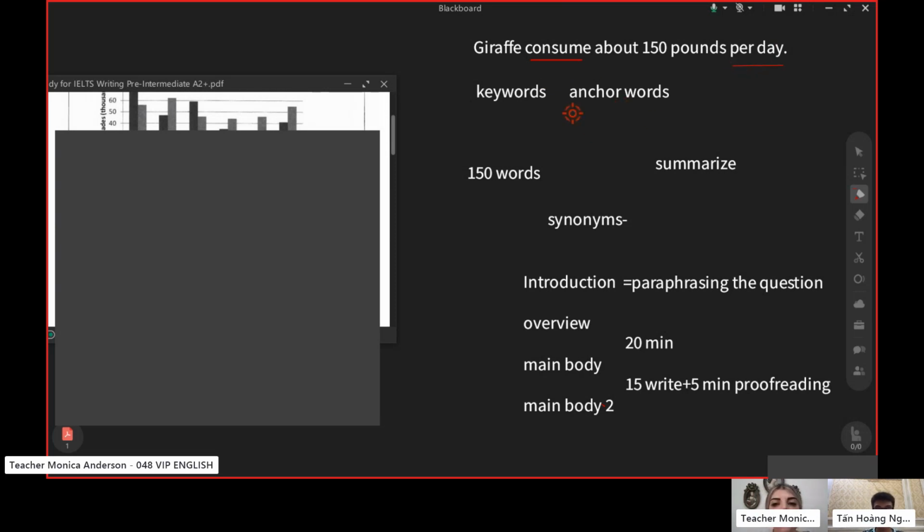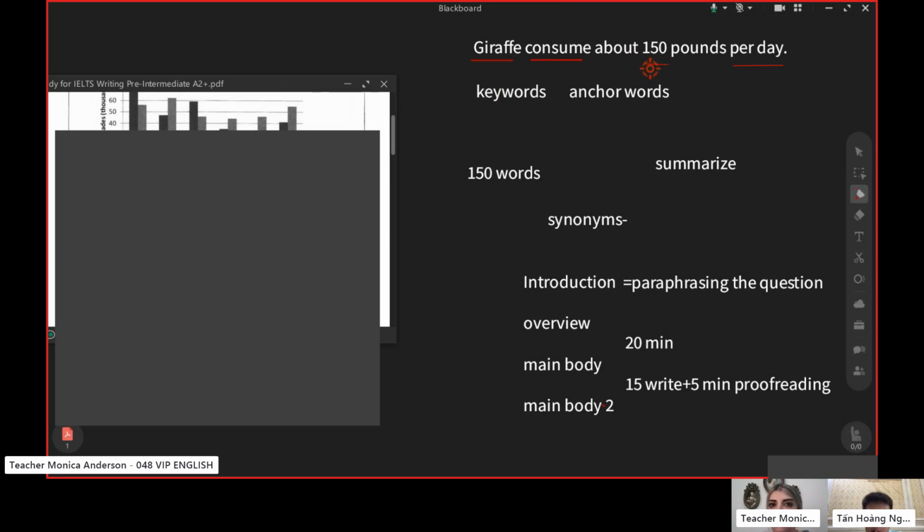And an anchor word is a kind of keyword that is not changeable, like proper nouns, names, giraffe. Is there any synonym for giraffe? No, this is an animal. This is really important, but I can't change it. I can't replace it. So this is an anchor word.